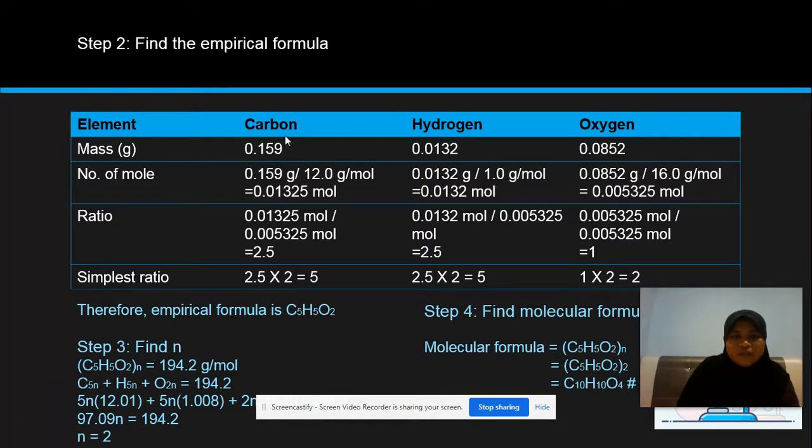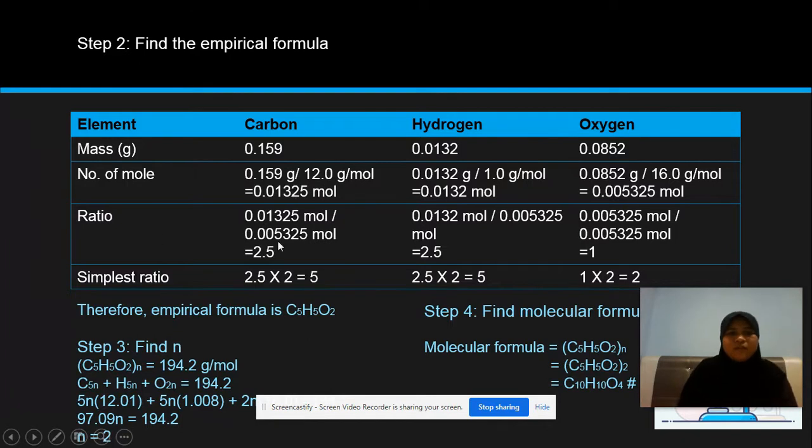So the mass of carbon 0.159 gram, we divide with the molar mass of carbon, which is 12.0 gram per mole. So finally we get 0.01325 mole, and so on for hydrogen and oxygen. The calculation is just the same as this.